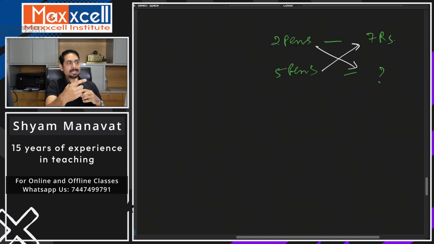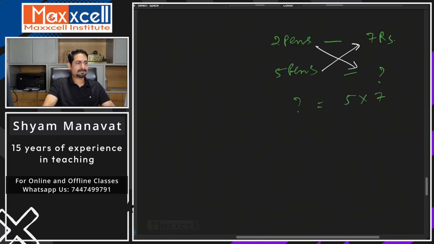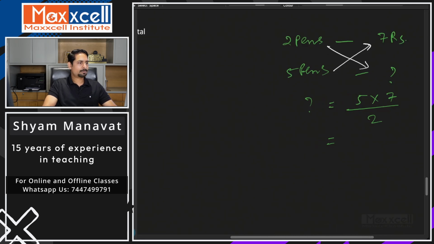As of now, yes, cross multiplication; this method itself is called chain rule. How do you multiply? To find this question mark, you have 5 into 7 and you divide by 2, and that's how you get it. This is the same chain rule.